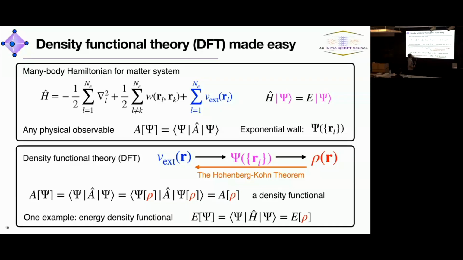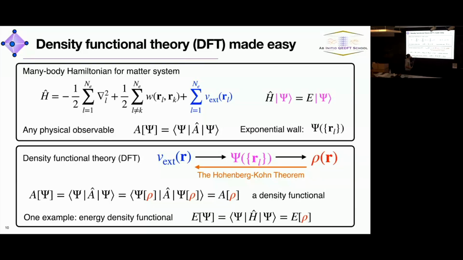It means that if you start from this, the density being the square of the wave function, you notice that this exact wave function implicitly depends on the electron density itself. So the physical observable you are looking at depends on the electron density. It means this quantity becomes a functional, because a functional is a function of a function.